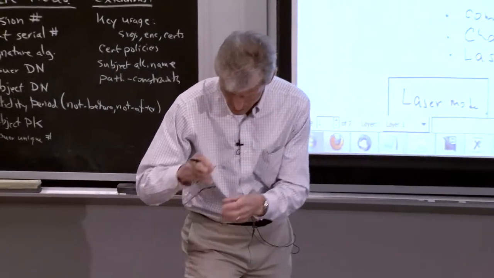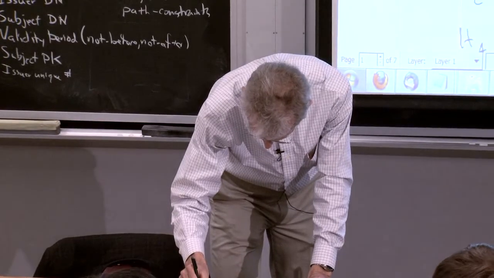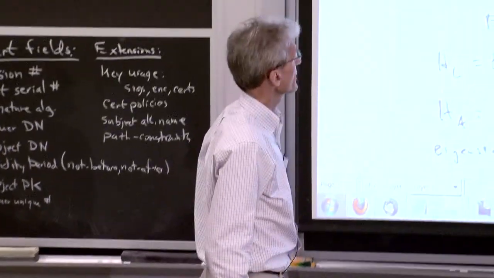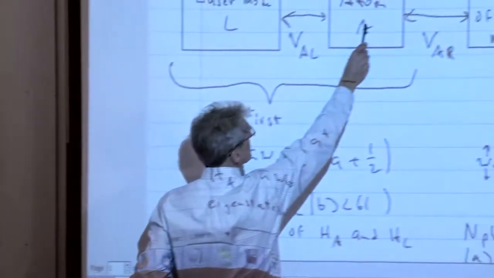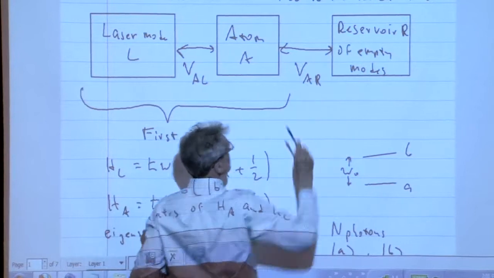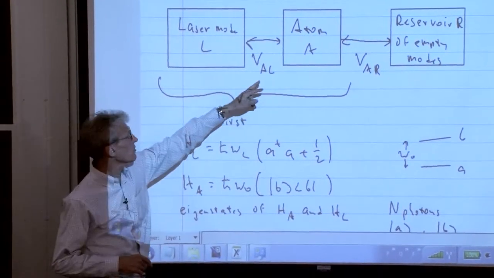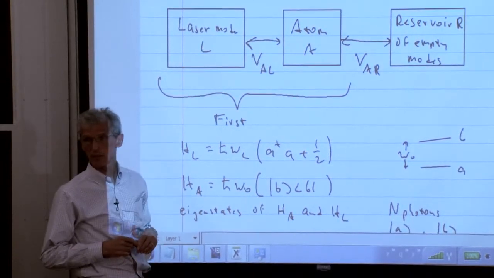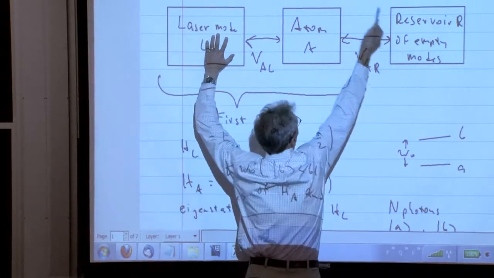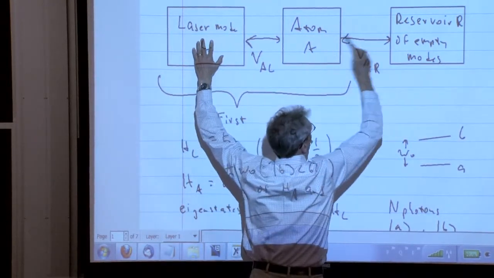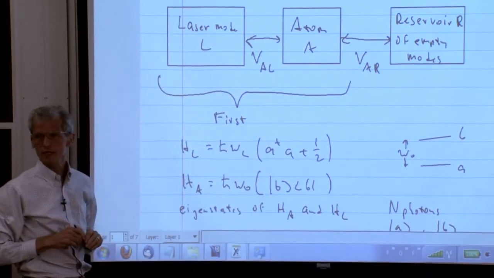So what we want to do is, this is sort of our picture, this is our Hamiltonian. We have the atom interacting with a vacuum through spontaneous emission with a reservoir of empty modes. But now it also interacts with a laser beam. And you remember when we did the master equation, we derived a master equation for this, and then we added in the unitary time evolution due to the laser beam.